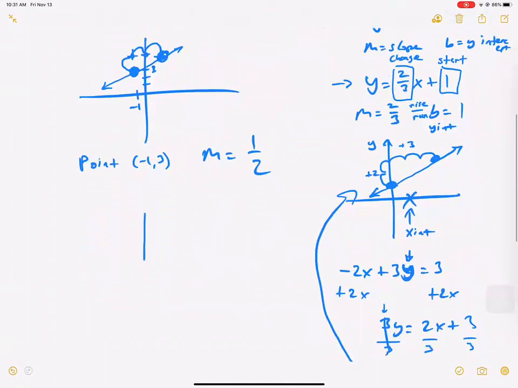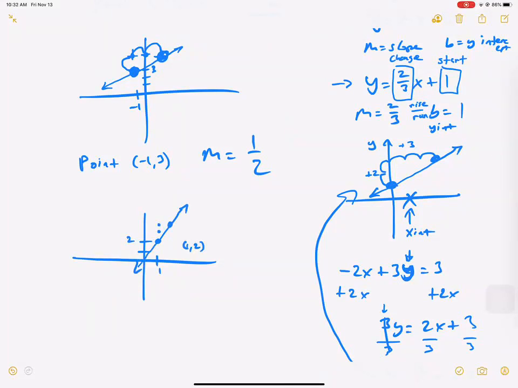Let's go backwards. Let me give you guys a point. The point is 1, comma 2. I'm going to go to a point up here. 1, 2.